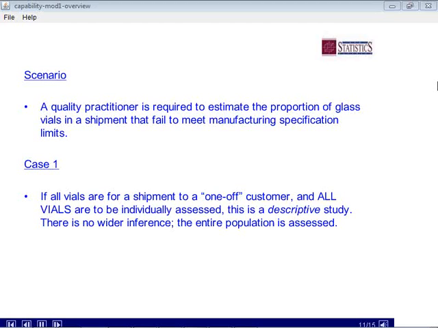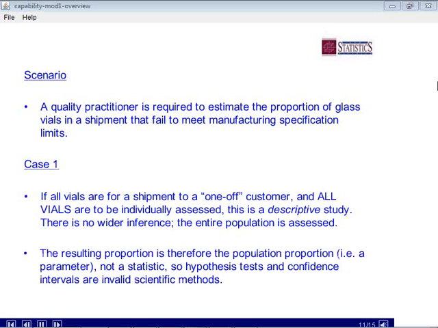Therefore, there is no wider inference that has to be made, and the entire population is going to be addressed. This resulting proportion, therefore, is the population proportion. It's a parameter. It's not a statistic. We're not estimating what the true proportion is going to be. We have calculated the true proportion because our entire population is being assessed.